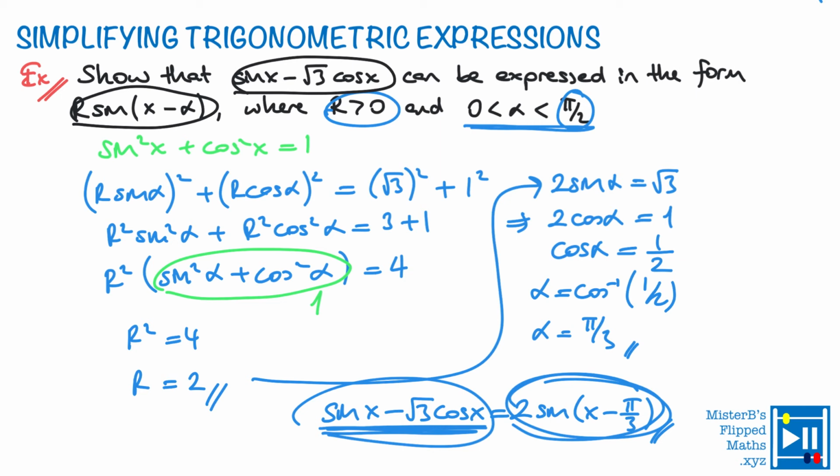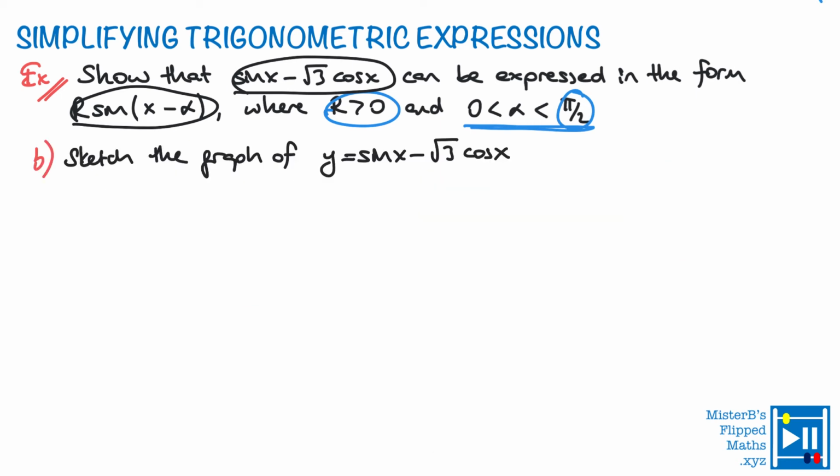So let's say part B is: sketch the graph of y equals sine x minus root 3 cosine x. Now it is not impossible to draw the graph of this, but you have to include the calculations for 2 trigonometric ratios. The best way is to make a proper table and draw scales and everything. But if you have this expression reduced to 2 times sine x minus pi over 3, you can directly apply the transformation rules and sketch the graph.